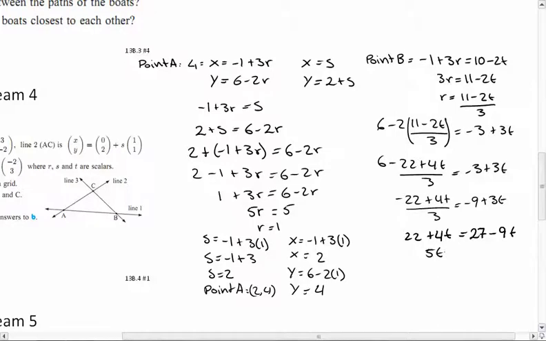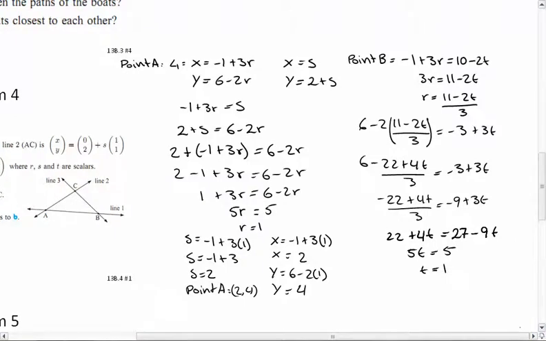So 5t is equal to 5, so t equals 1. Then you plug t into r, so r is 3. And once you have r, you can plug it back in to find x.